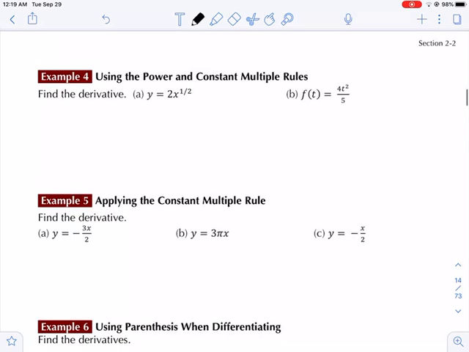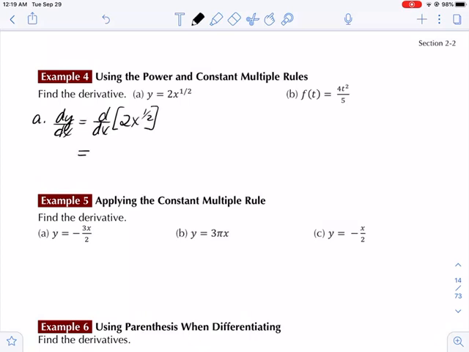Example 4, use the power and the constant multiple rules. So for example 4, I'm just going to be doing the same thing I have been doing, but just to show you that if I have dy dx for a, it's equal to the derivative with respect to x of 2x to the 1/2 power.